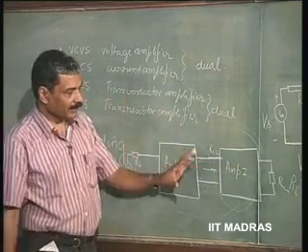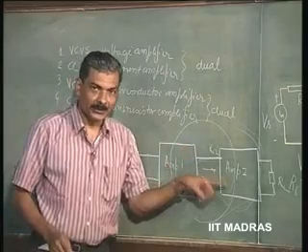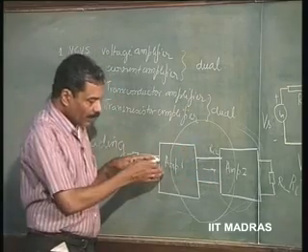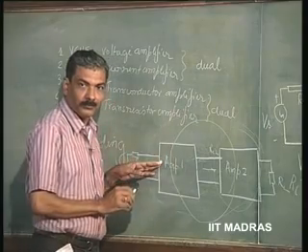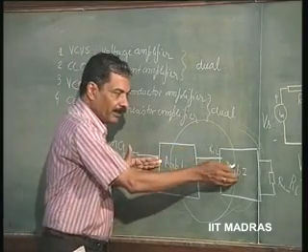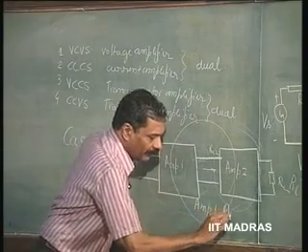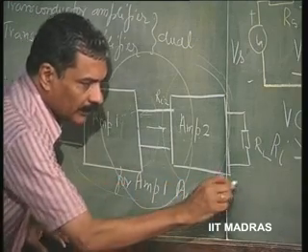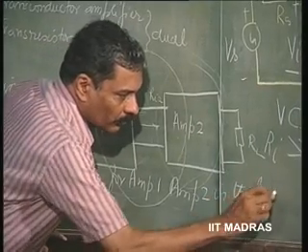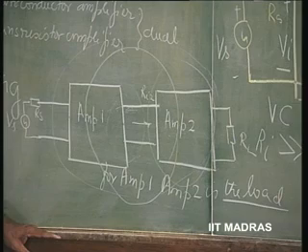So, you have to make a distinction now when we connect an amplifier 1 to amplifier 2. For amplifier 1, amplifier 2 is the load. Now, that means load is not really necessarily a resistor, right?